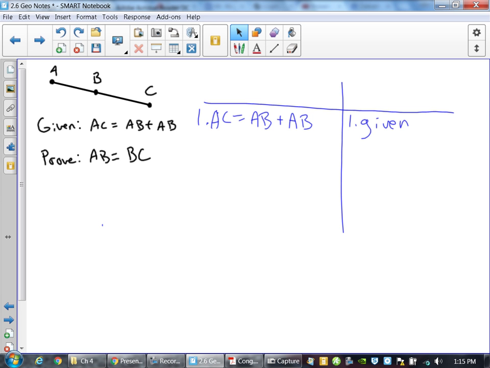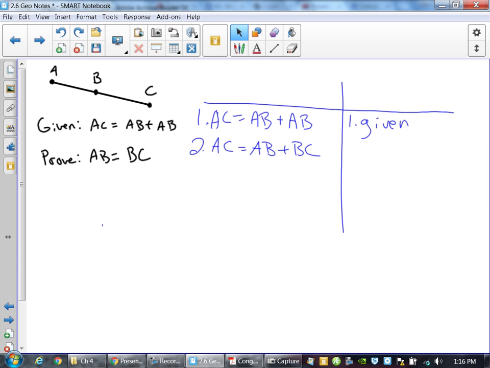Is that what it says in the diagram, though? What does the diagram say? What would the segment addition be for the diagram to show that AC is equal to something? AB plus BC. According to the diagram, AC is made up of AB plus BC.